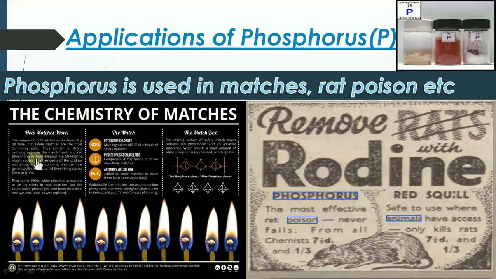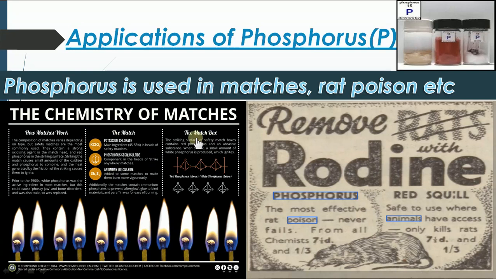So we use it in matchsticks, so we know very well about it. Now we'll see something interesting about matchsticks. Potassium chlorate is a main ingredient in the heads of safety matches, right? It's potassium chlorate along with phosphorus sesquisulfide and antimony sulfide. So this is the combination we have in the match head.